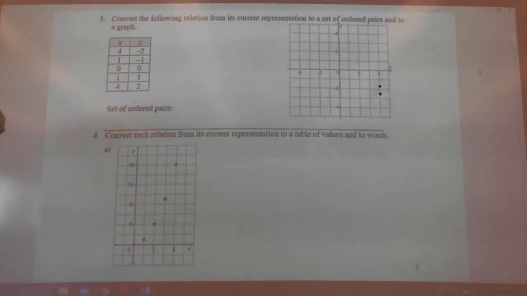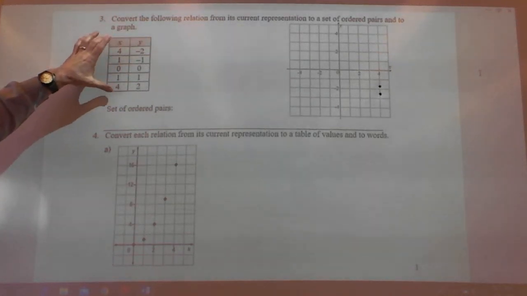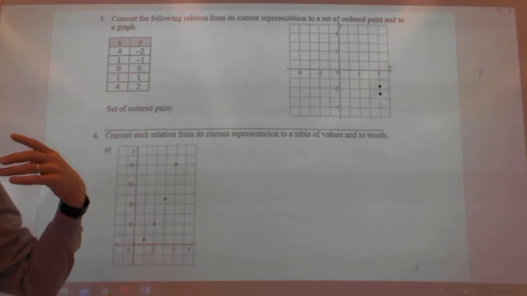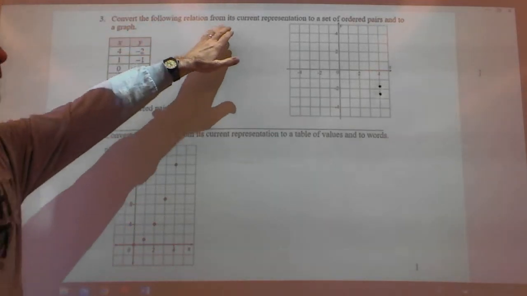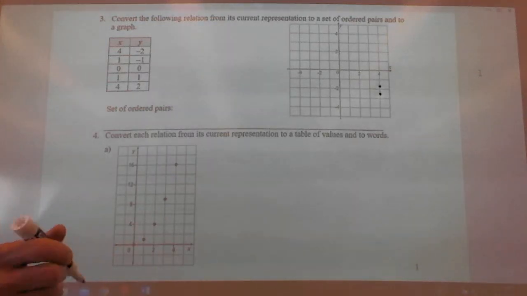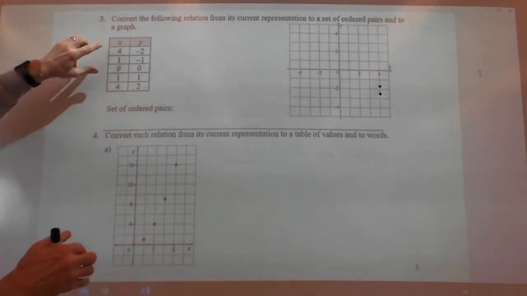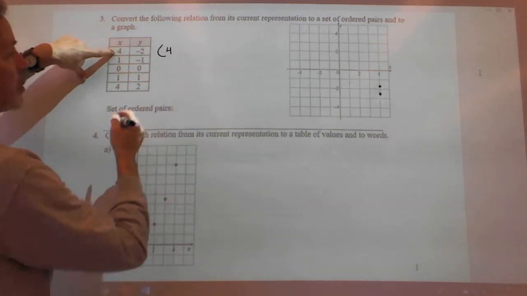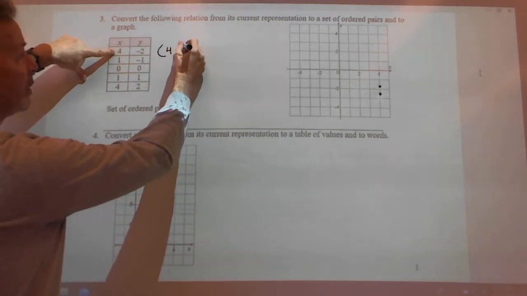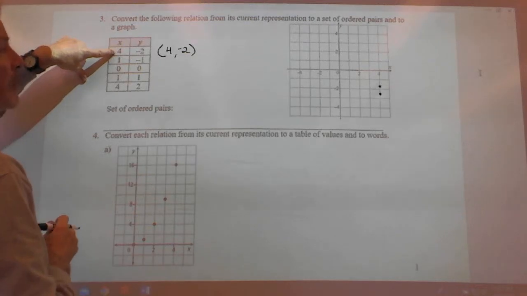Sometimes you're given a set of ordered pairs and you're asked to graph it. So this says, convert to a set of ordered pairs. Well, that's easy. Remember, an ordered pair always consists of an x coordinate, which always is written first, and a y coordinate, which is written second.